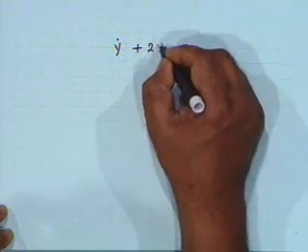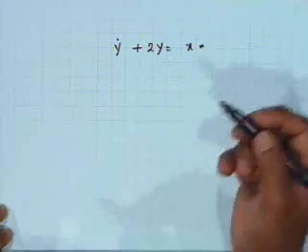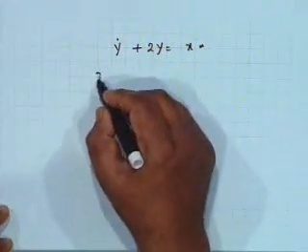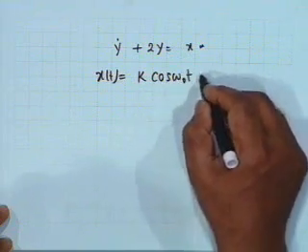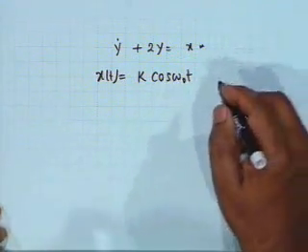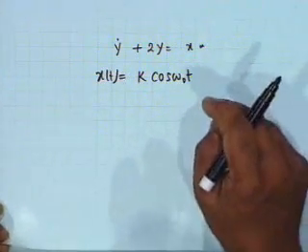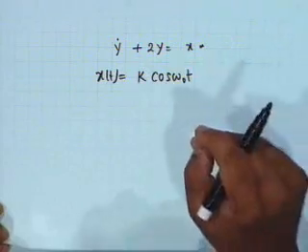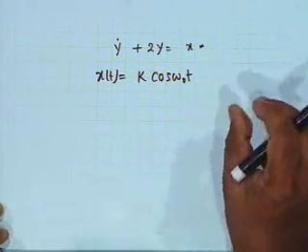Now let's first find out what my particular integral shall be. My x of t is k cosine of omega 0 t, and the particular integral obviously shall be 0 for t less than 0. We will assume that multiplication by u of t is implied. We will not write it again and again.